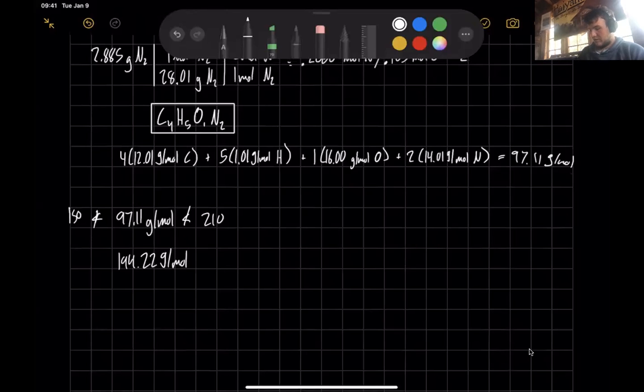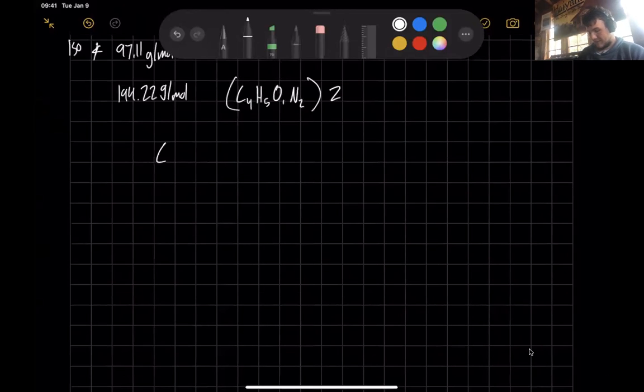And so in reality, it is this times 2. And so it should be C8H10O2N4.